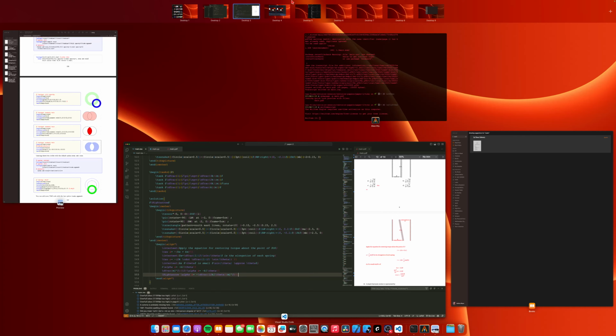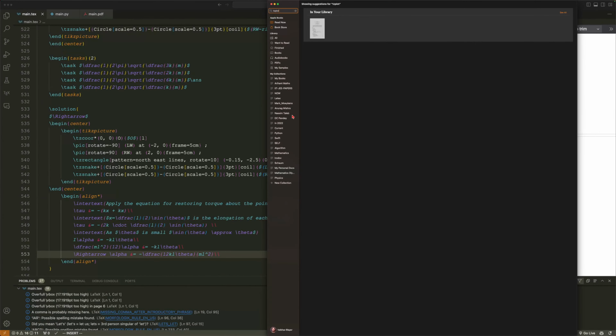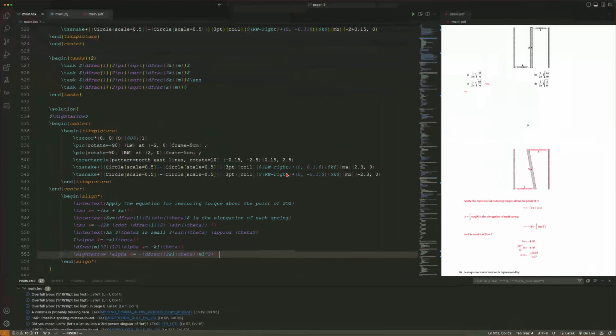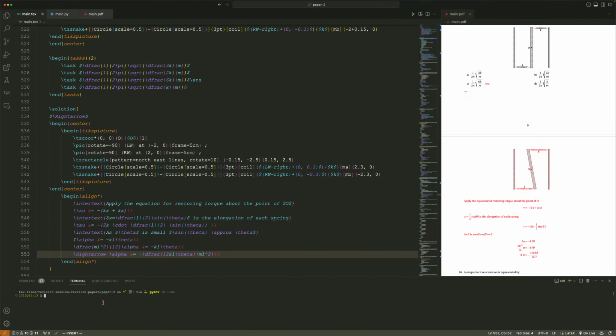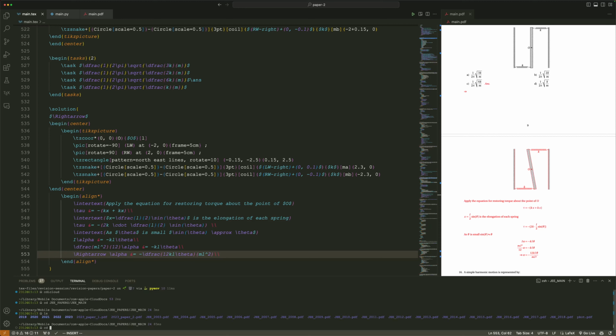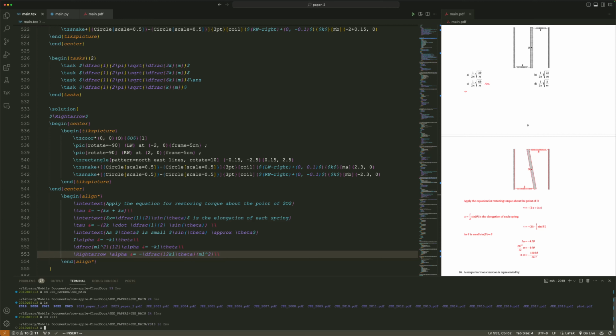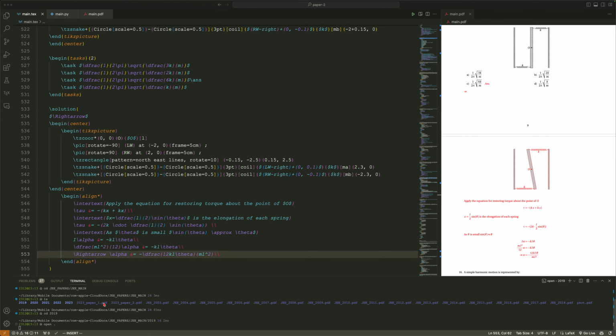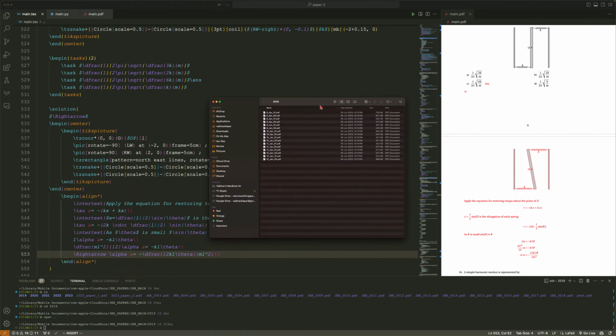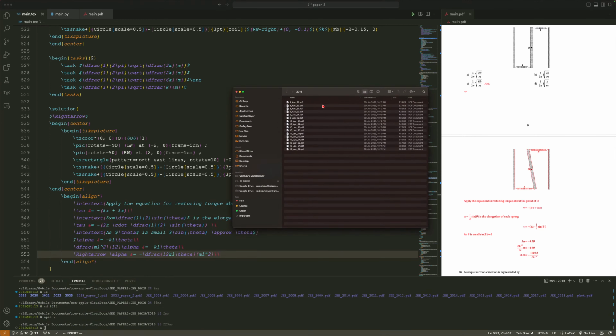I think I copied this problem from JEE Main. Some JEE Main paper, probably 2019, because 2019 has the best questions in terms of logic and calculation, physics-wise I'm talking about.